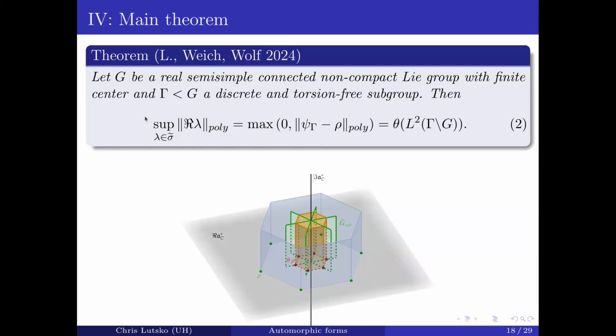It's just a bound on the bottom of the spectrum. In the middle, we have the behavior of the growth indicator function, again using this polyhedral norm. And on the right, we have the decay of matrix coefficients. So this is exactly the trichotomy which we had in rank 1, now lifted to higher rank in full generality.